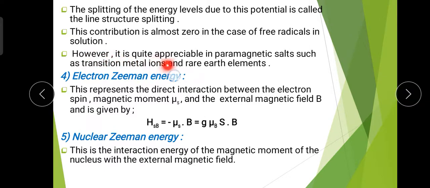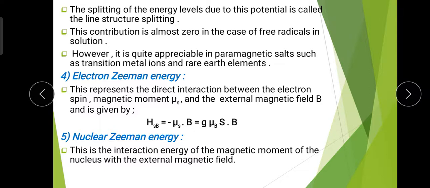However, it is quite appreciable in paramagnetic salts such as transition metal ions and rare earth elements. In paramagnetic salts, transition metal ions and rare earth elements, the crystal potential has a non-zero value.